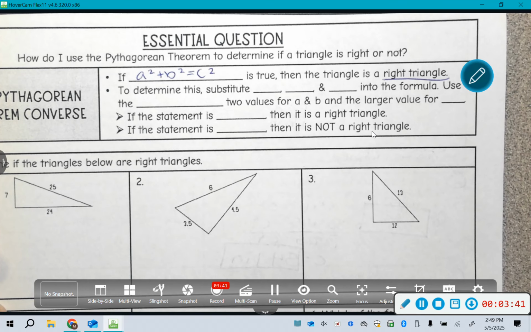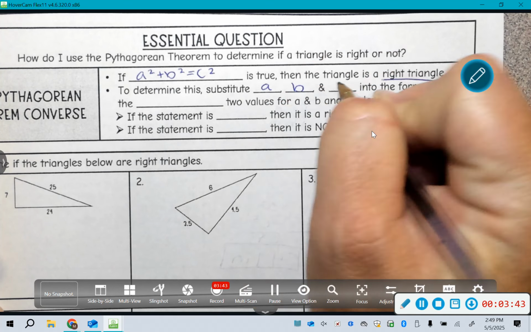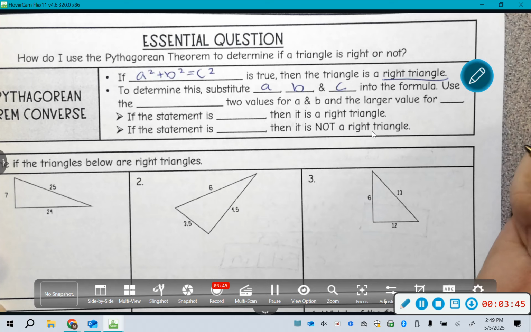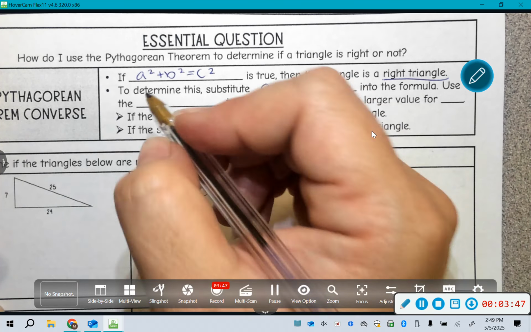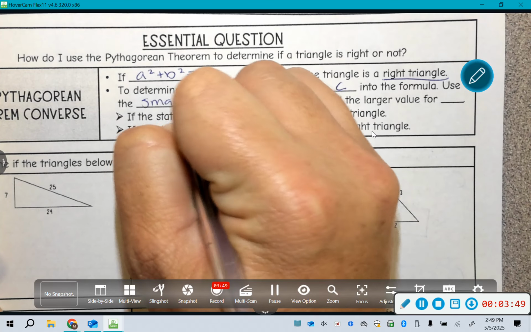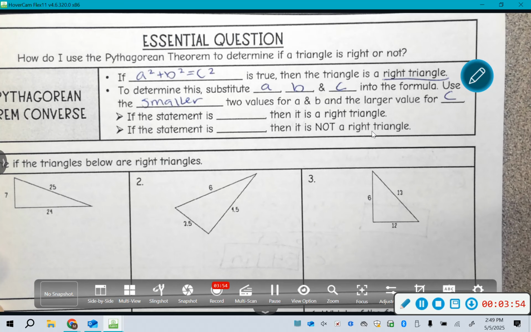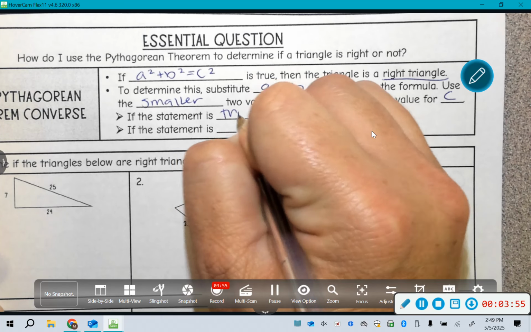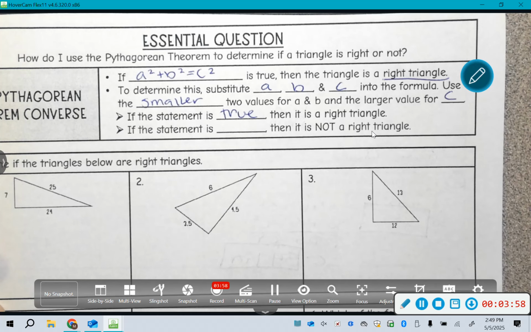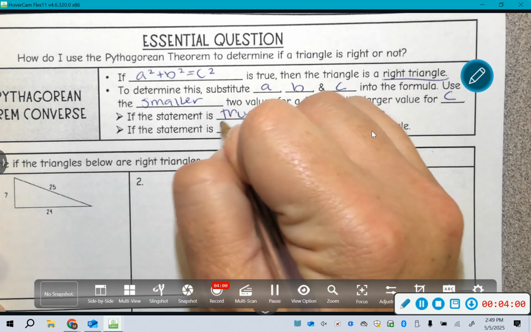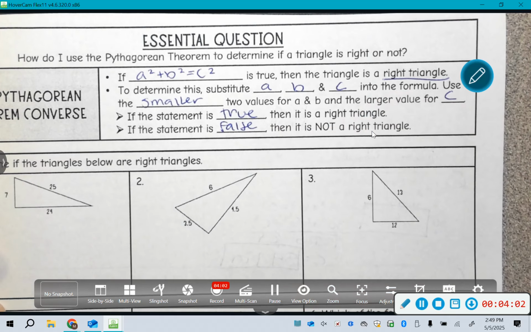To determine this, substitute A, B, and C into the formula. Use the smaller two values for A and B, and then C is the larger value. If this statement is true, then it's a right triangle. If the statement is false, then it's not a right triangle.